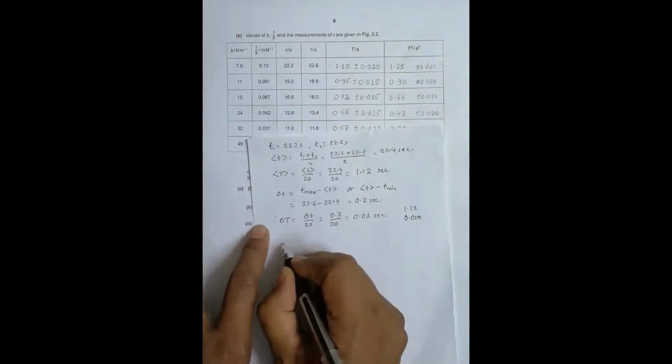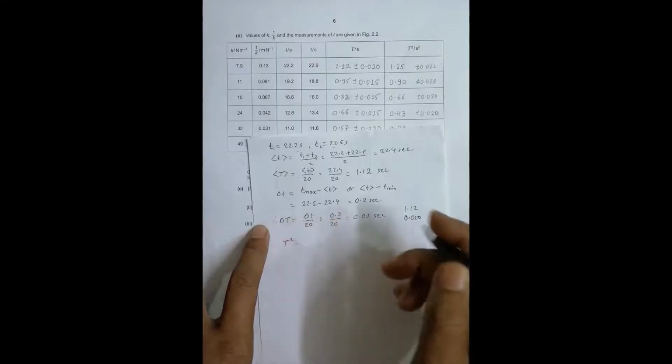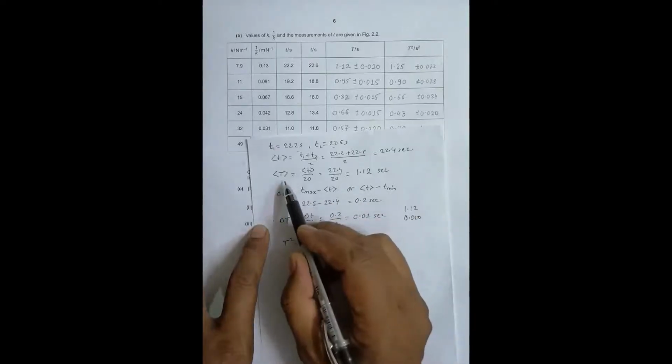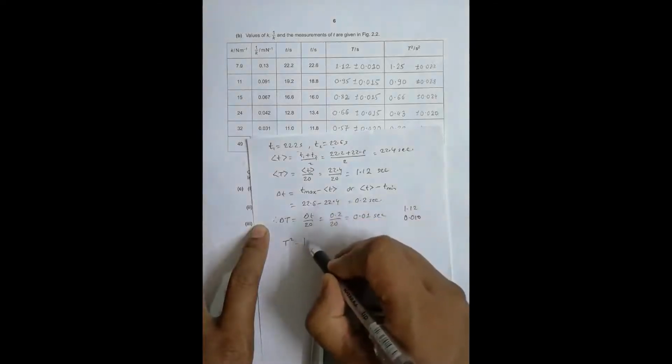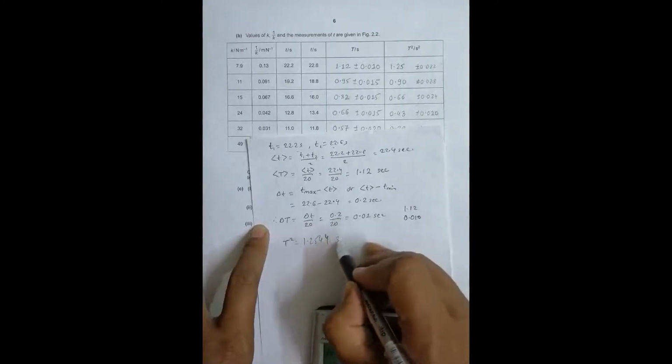So what I have is t square is equal to the square of this thing. So it's 1.12 squared, its real value is 1.2544 seconds squared. Then I have the error in t square.